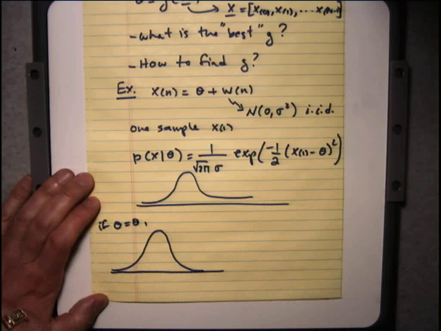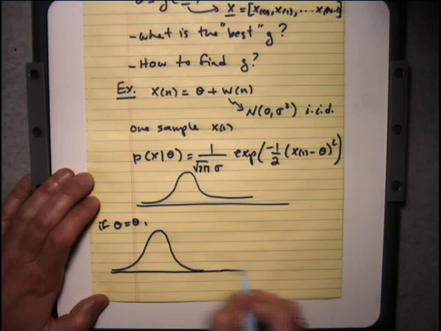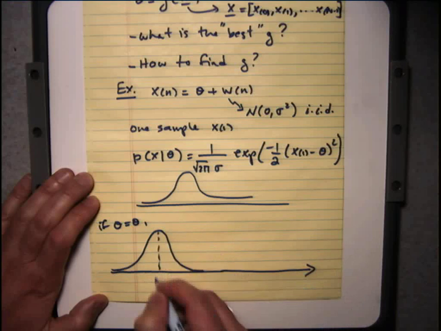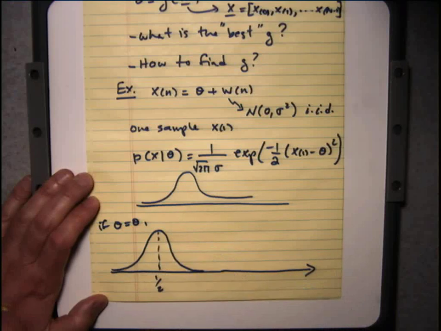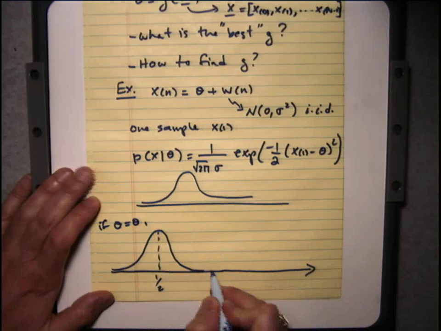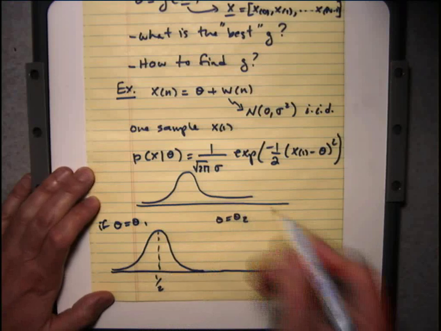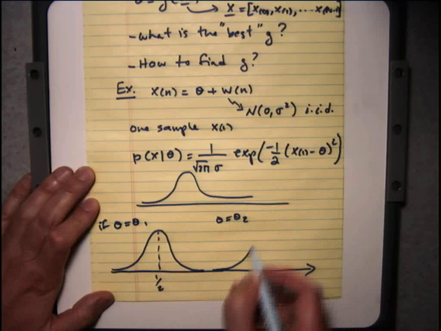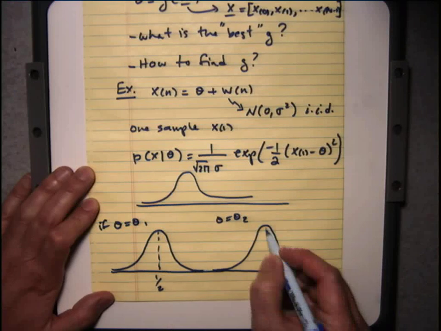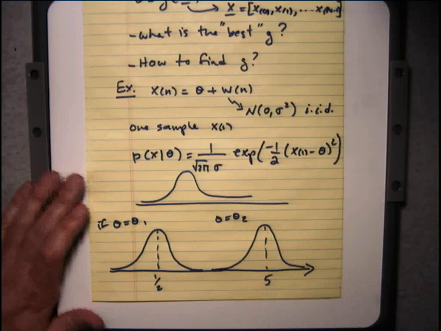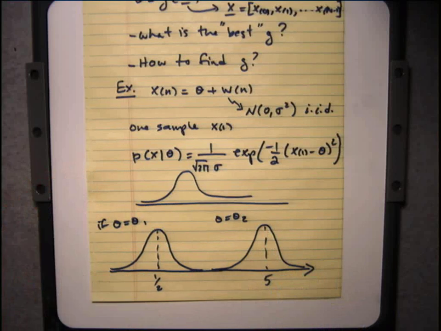On the same axis, let's say this mean here was 1/2. On the other hand, if theta is equal to theta 2, where this theta 2 is, let's say, 5, then this distribution might look like this. This is 5, for example. Okay? All right, now I have these two distributions.